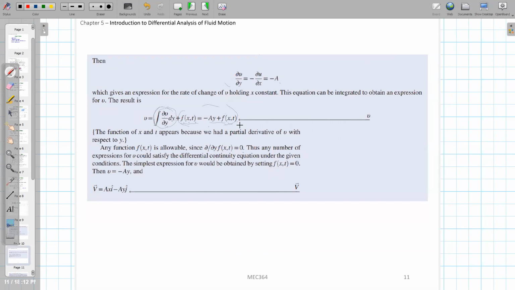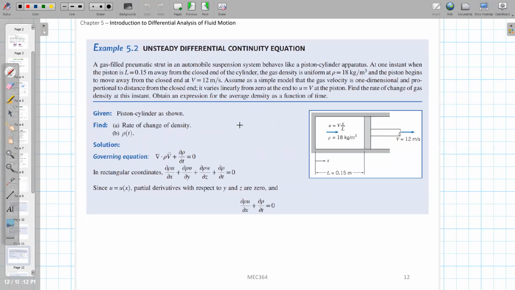Okay, let's take another example problem.